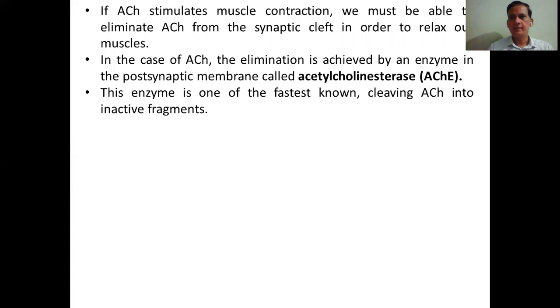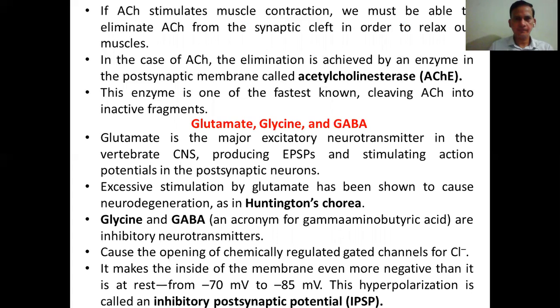As soon as this enzyme acts on the acetylcholine, it is degraded and the impulse which was generated due to the binding of acetylcholine is also broken, and immediately the muscle comes to rest.